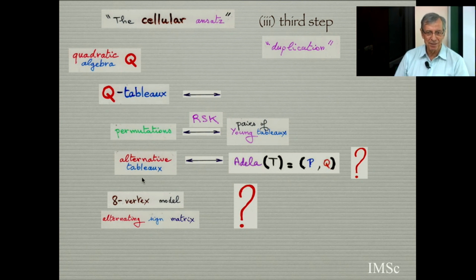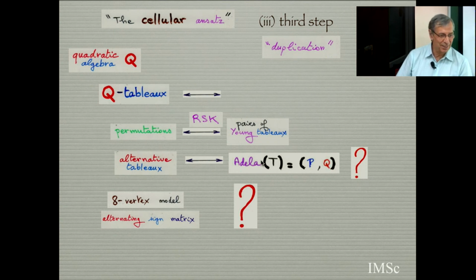If I apply this now to my alternative tableau, I don't get the exchange fusion algorithm. I get a different bijection, and I get a pair PQ. I call this P and Q for fun because it looks like RSK. So for each alternative tableau T, I get this, which I call the Adela of T in honor of my friend. This was in Chile, when I had the inspiration for this duplication rule.